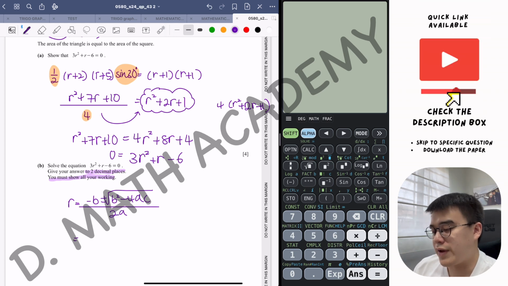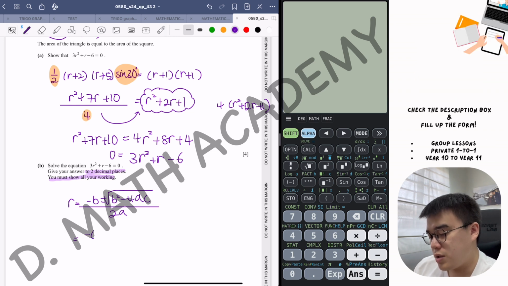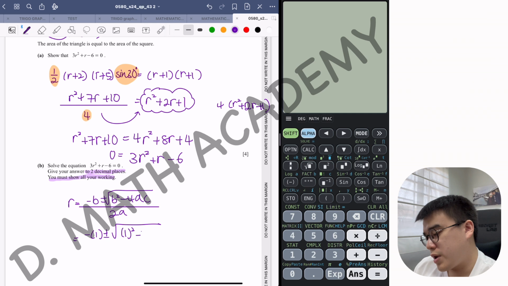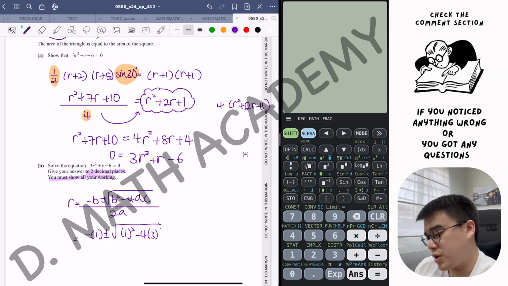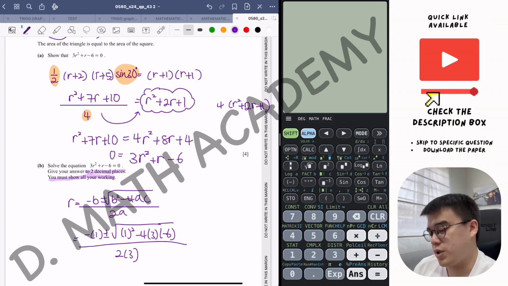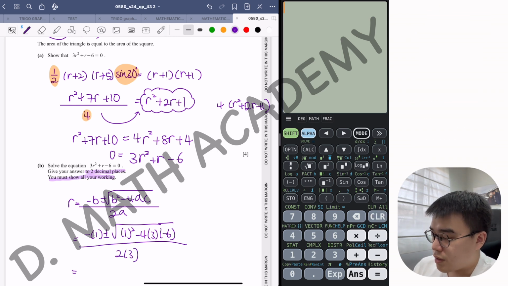So sub in all the values. r is just negative 1, plus or minus the square root of 1 squared minus 4 times 3 times negative 6, and then over 2 times 3. So just key it into your calculator.